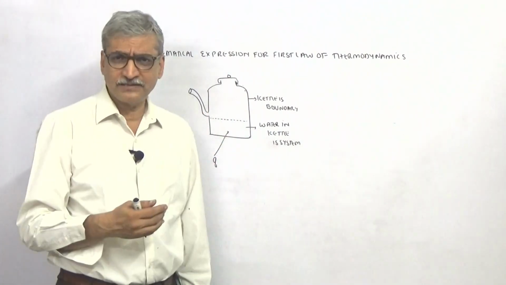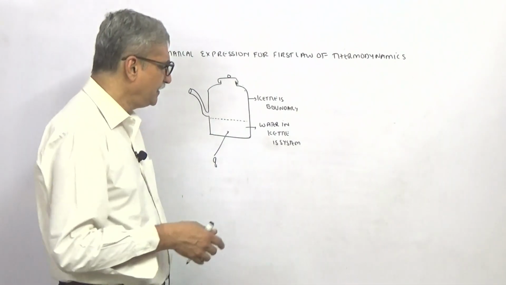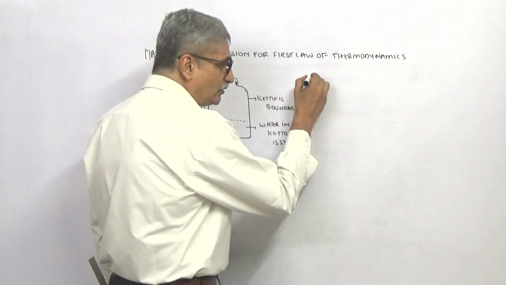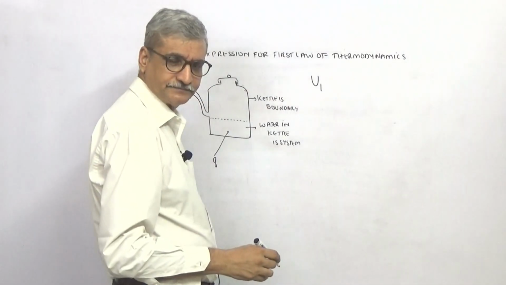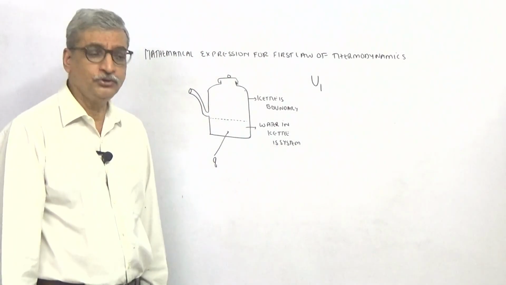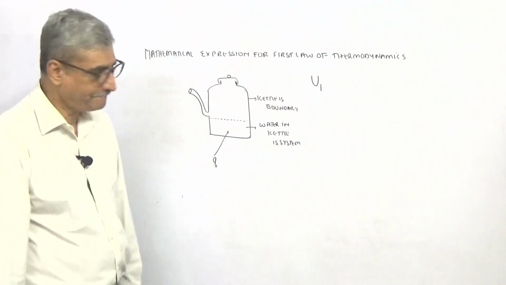So mass of water in the kettle into temperature, say 20 degrees, into specific heat of water, which is 1. So that was the internal energy already present, U1. Internal energy is given by the symbol U.